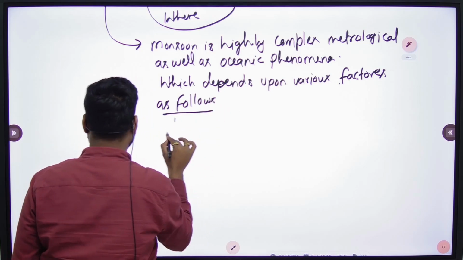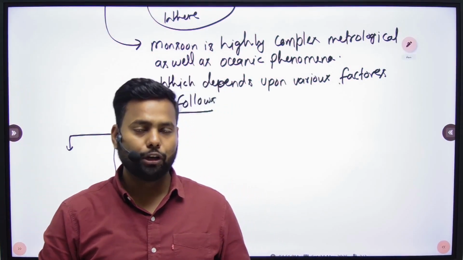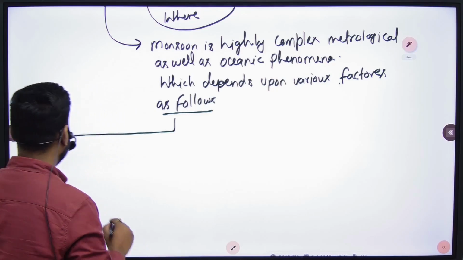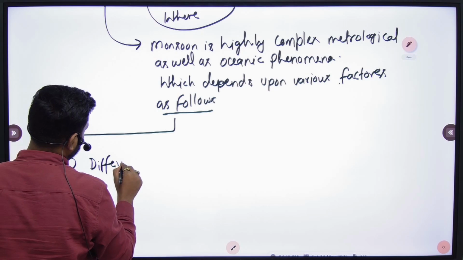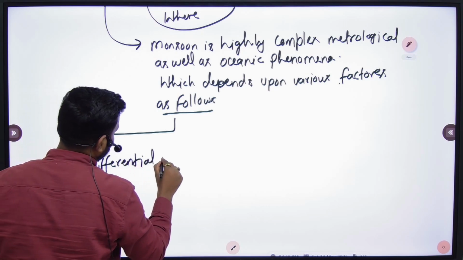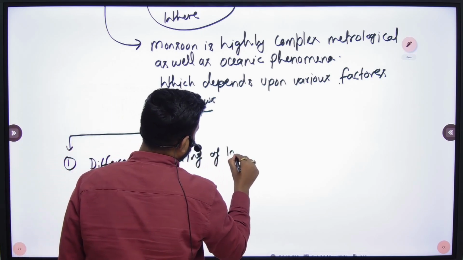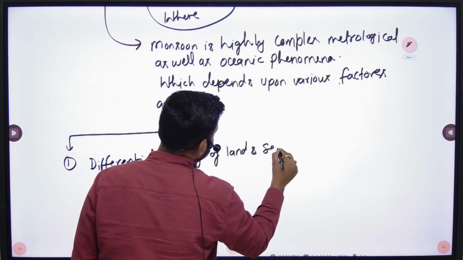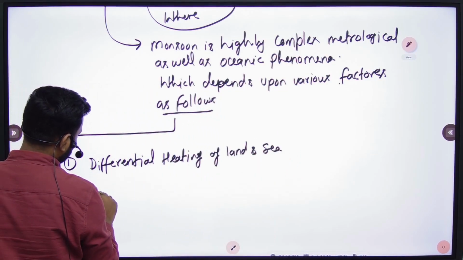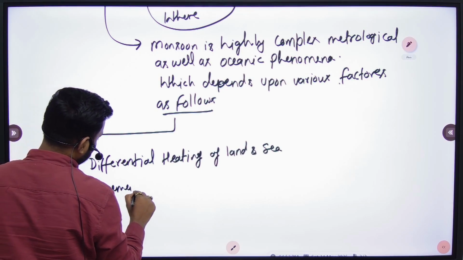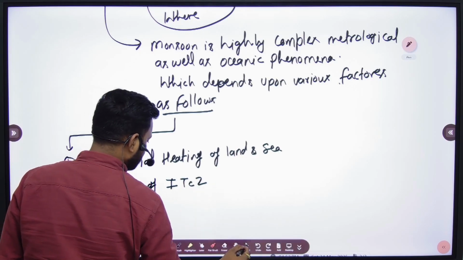In this question there is no scope to elaborate all the factors, you simply mention the points. First, differential heating of land and sea. Second, the movement of the ITCZ, the intertropical convergence zone.